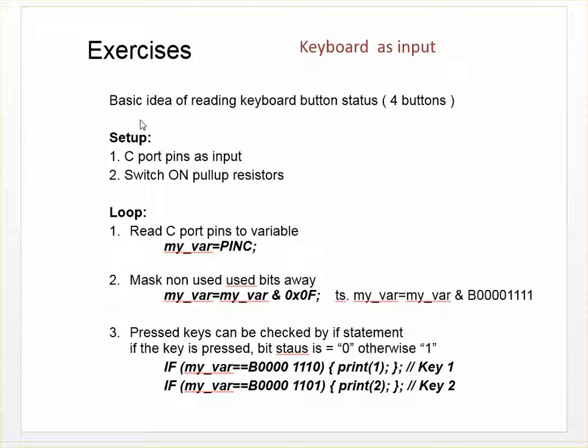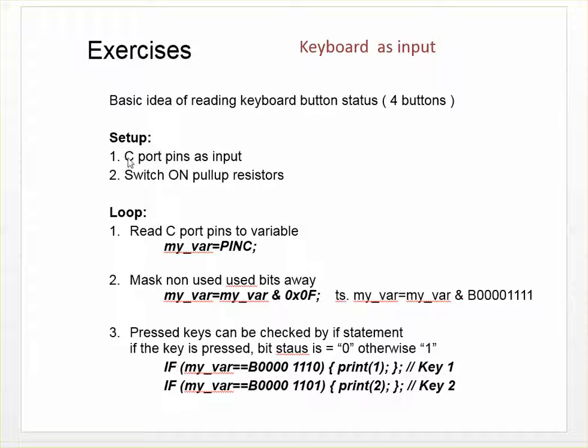Here is the basic idea of what you should do if you would like to read those 4 buttons that we connected to our C port. First we have to define the C port pins as an input.